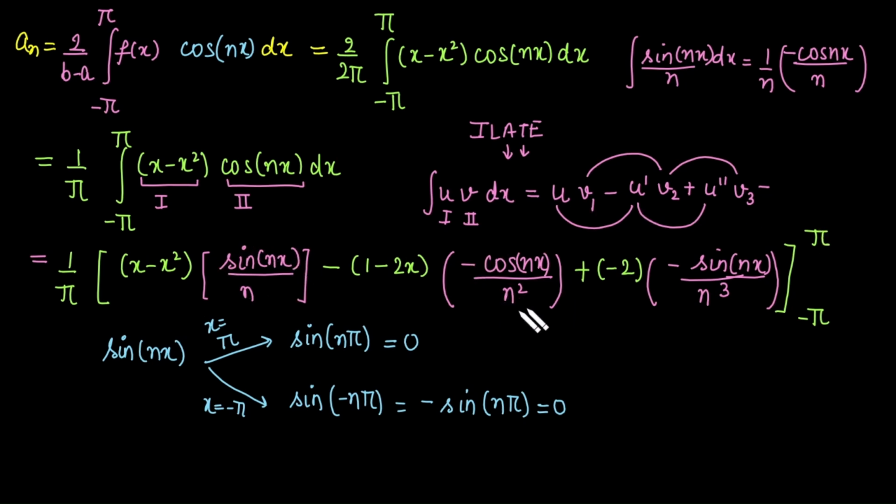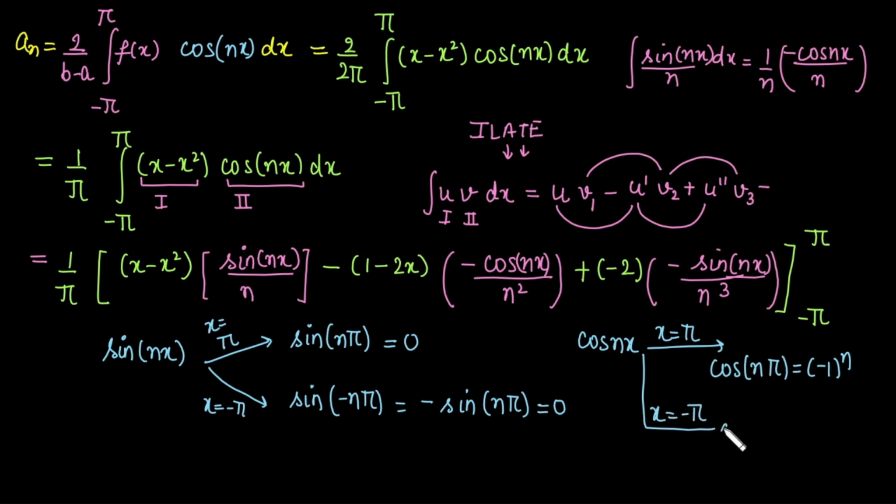Similarly, observe the behavior of cos function. So in this case, cos nx. When we take x is equal to pi, cos of n pi is equal to minus 1 raised to power n. And when we take x is equal to minus pi, we have cos of n into minus pi.